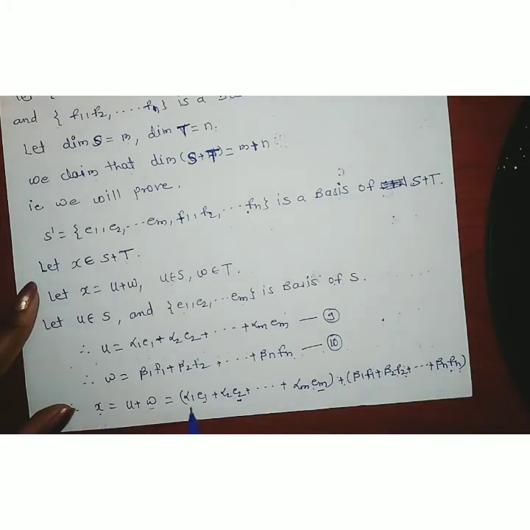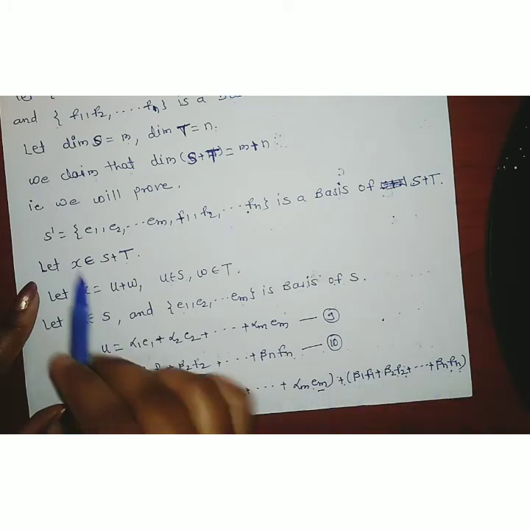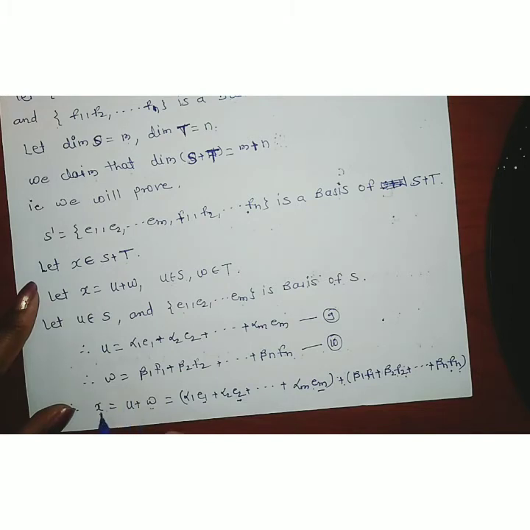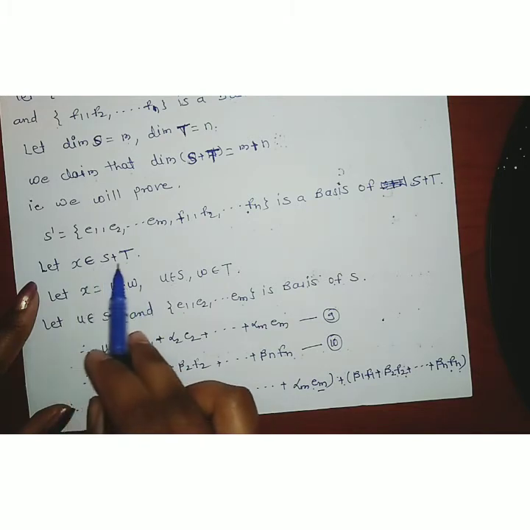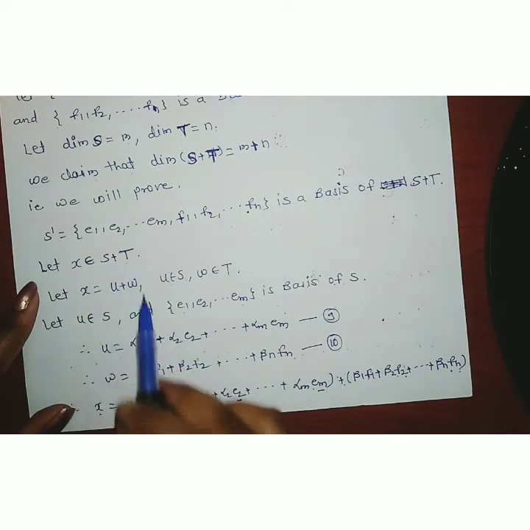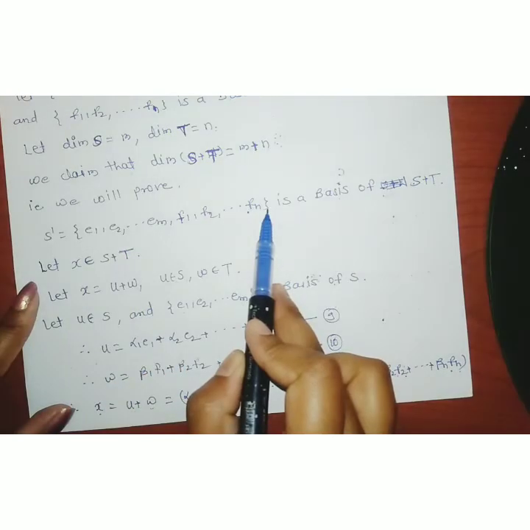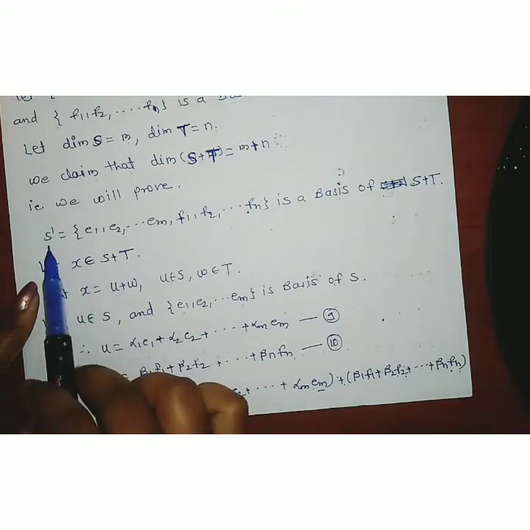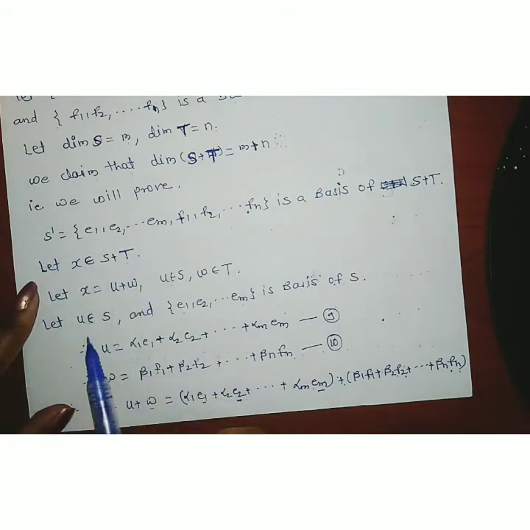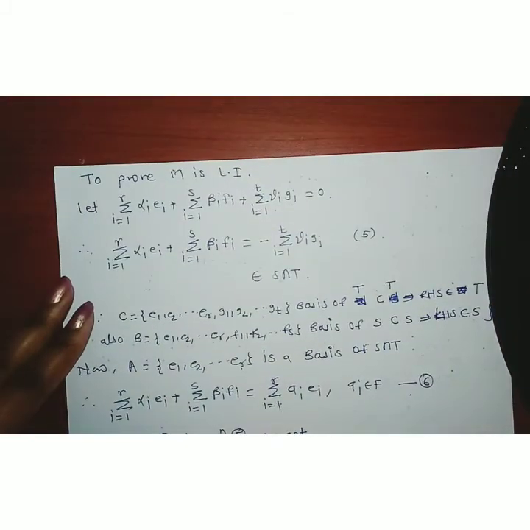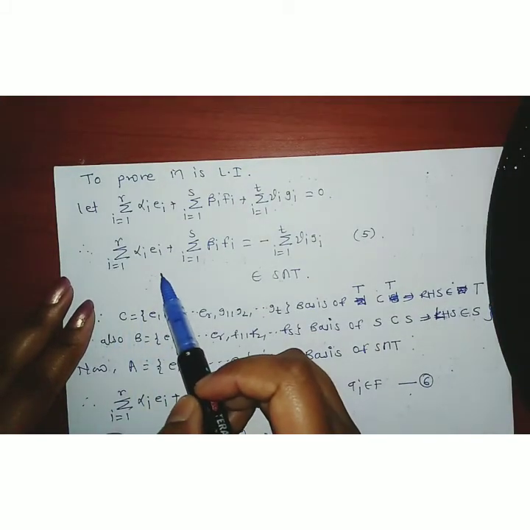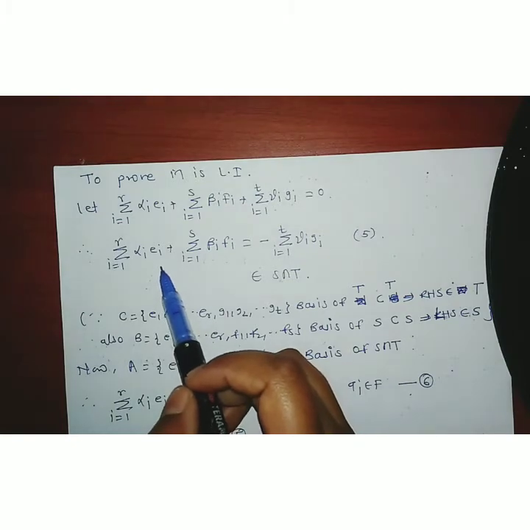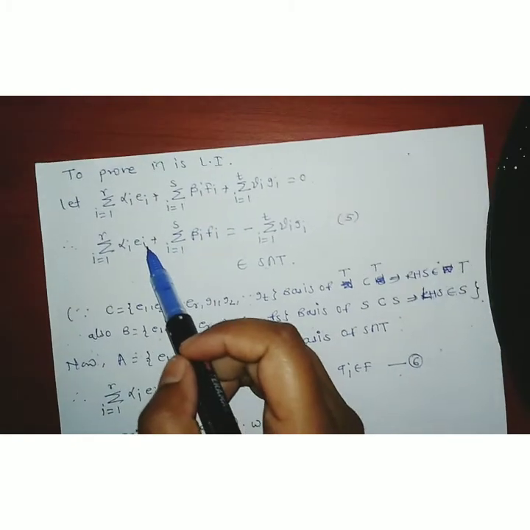Therefore the vector X can be expressed as a linear combination of these vectors, which are the elements of S dash. Therefore every arbitrary element of S plus T can be expressed as a linear combination of these vectors, so S dash spans S plus T. Therefore the first condition is satisfied.